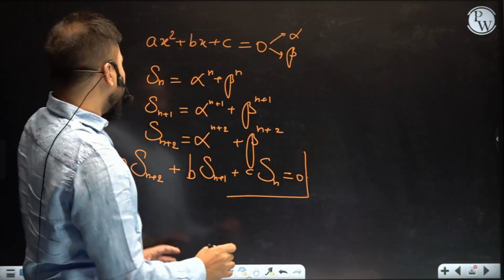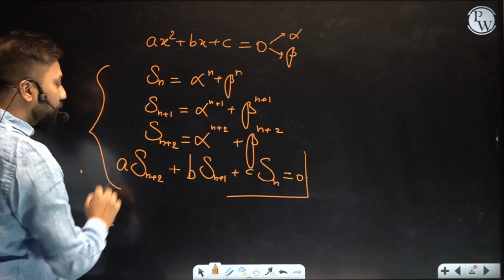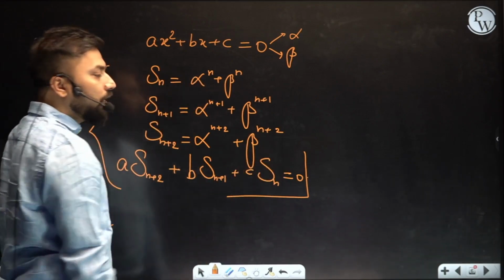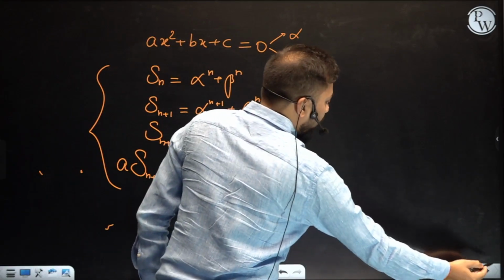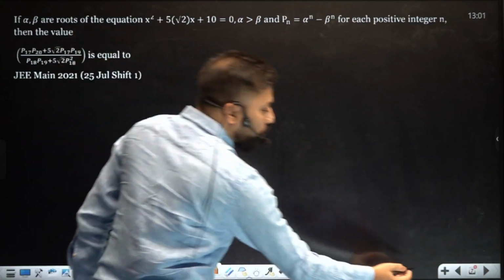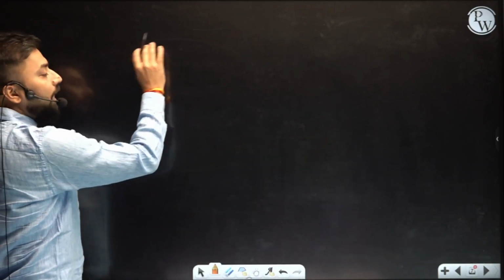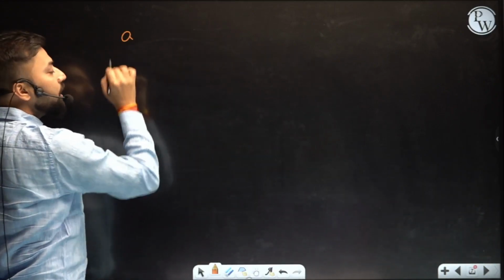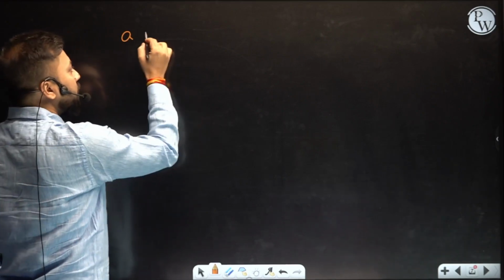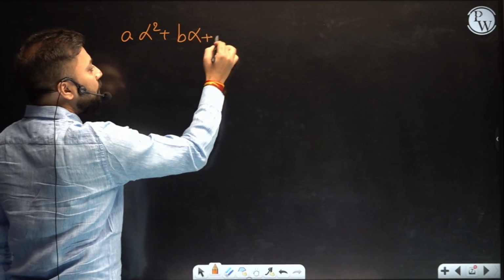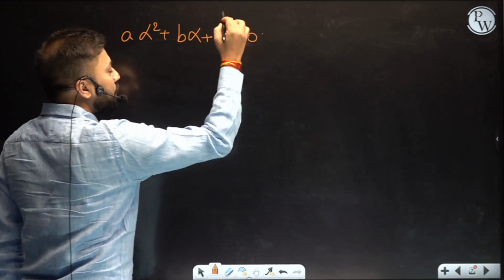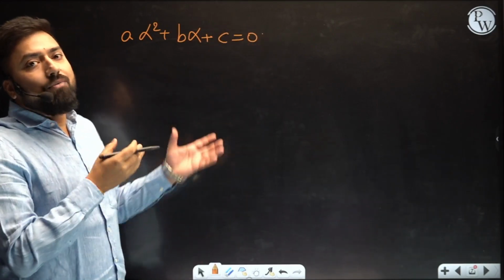So these are the expressions given in the identity. Now for proving this, let's say the roots are alpha and beta. So alpha and beta will satisfy this equation: a alpha square plus b alpha plus c is equal to 0, because alpha is a root.